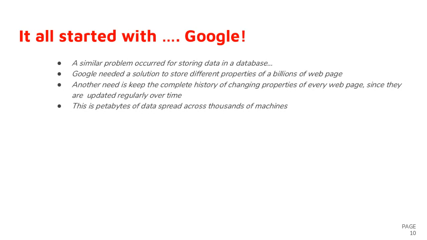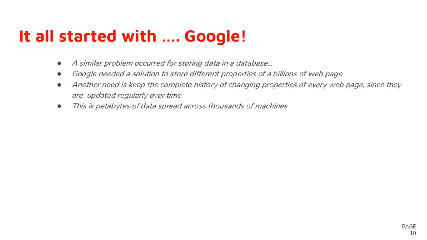They want to store those properties in a database, and they also wanted to have a complete history. They index the web every day or every hour, so they want the history of changes, maybe the title has changed of a certain web page, and so on.